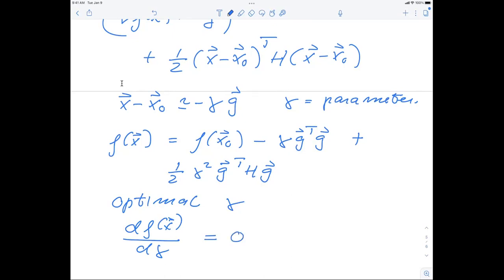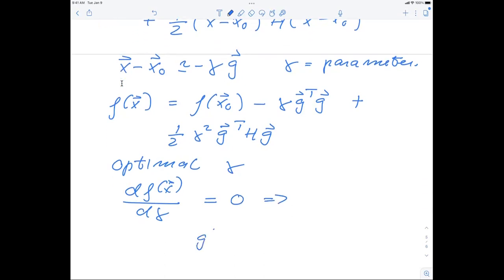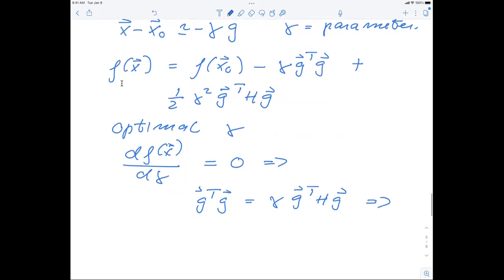When I take the derivative with respect to gamma, I get g transpose times g, which is equal to 1/2 times the derivative of gamma squared, which is obviously gamma, so gamma multiplied with g transpose times H times g. And that means obviously that gamma is equal to this optimal quantity.